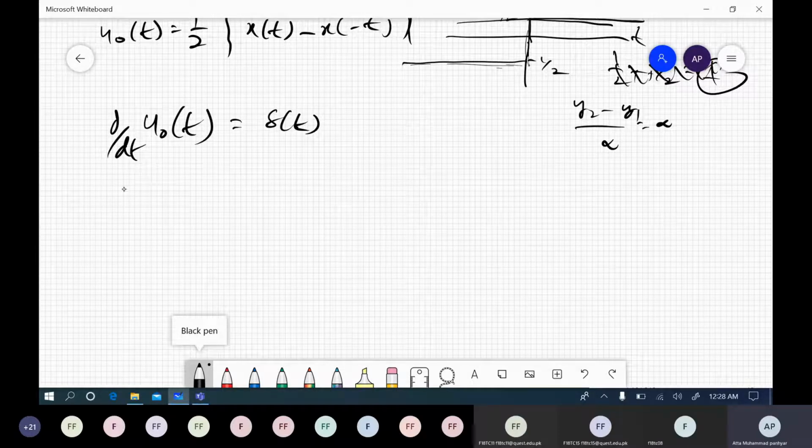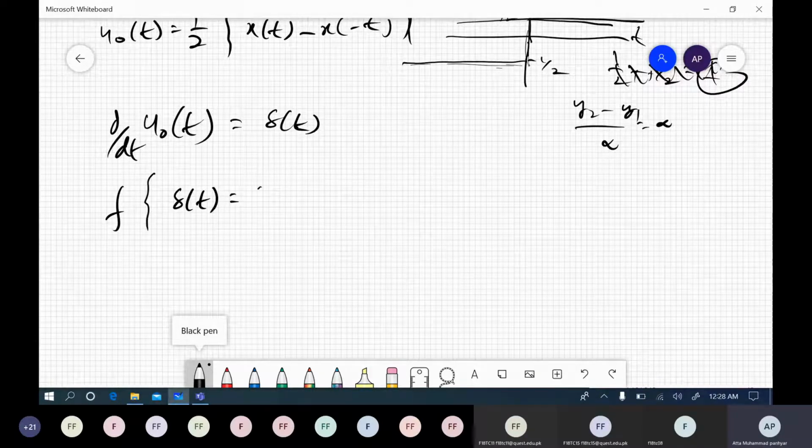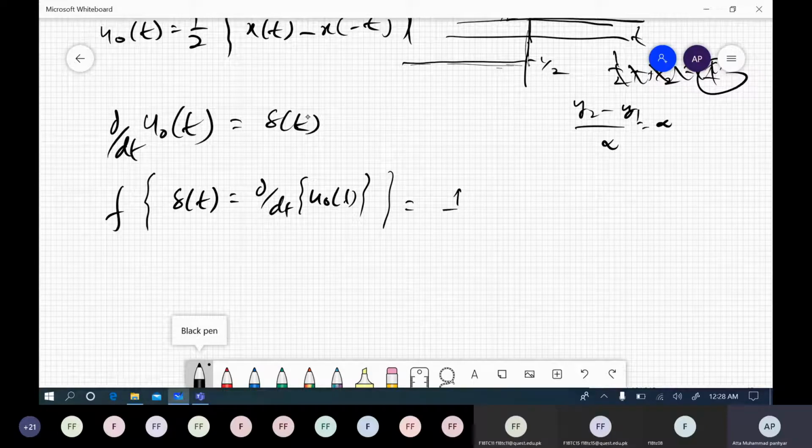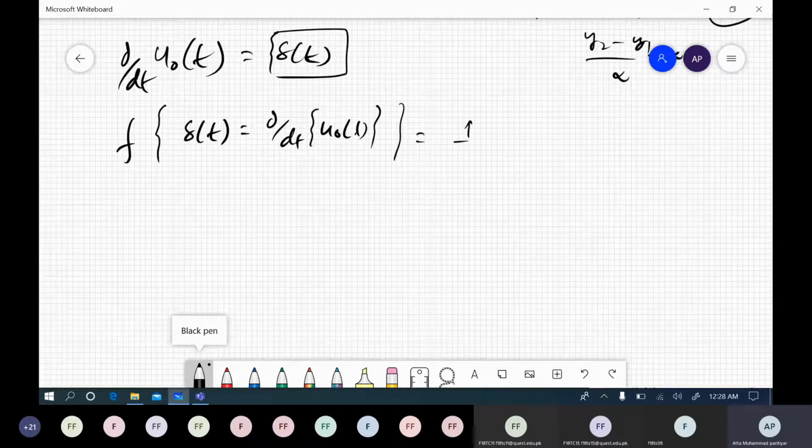And you know that if we wish to compute the Fourier transform of delta t, which is d by dt of the odd part, that must be equal to 1. We have solved that the frequency spectrum of delta t is 1, right?